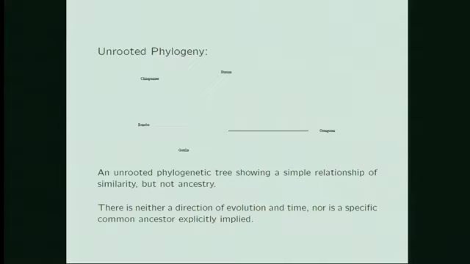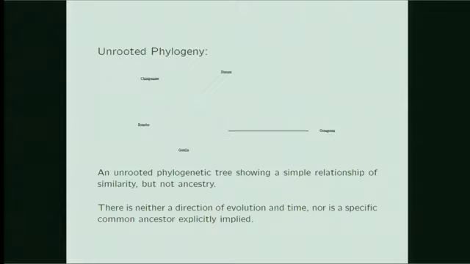If you're closer on this tree, then you're more closely related in some sense. And so there are two versions of this. One is the unrooted phylogeny. So we have, in this case, 5 extant species.